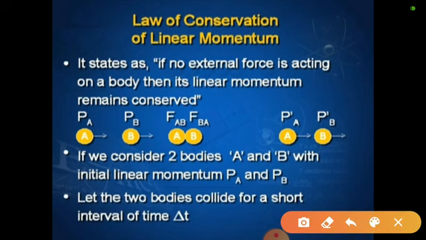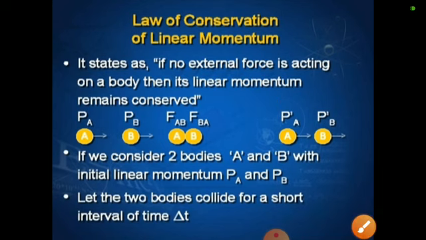Let me explain first. Suppose this is the body and you are applying one force here and another force here, and these two forces are equal and opposite, then the net external force is 0. It means at that time the momentum of the object is constant.